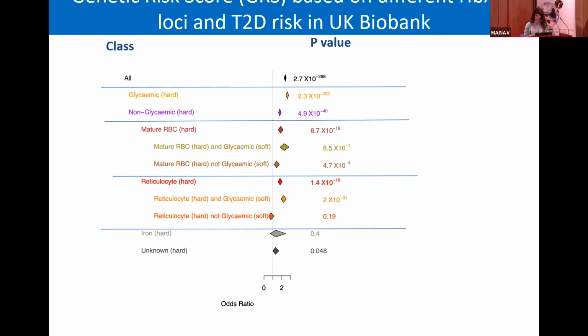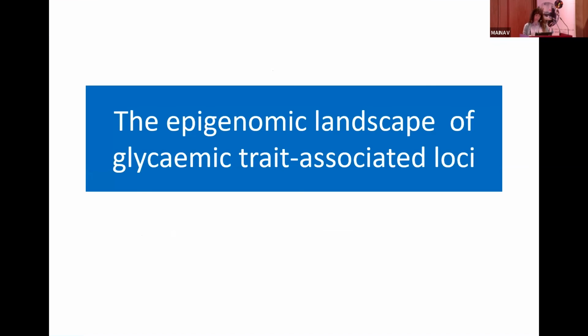So this classification is useful because what I'm going to tell you next has to do with going back to our 4 glycemic traits and these associations, trying to explore what they tell us about similarities and differences between the traits in terms of epigenomic landscape. As for most complex traits, our variants mostly map to the non-coding region.